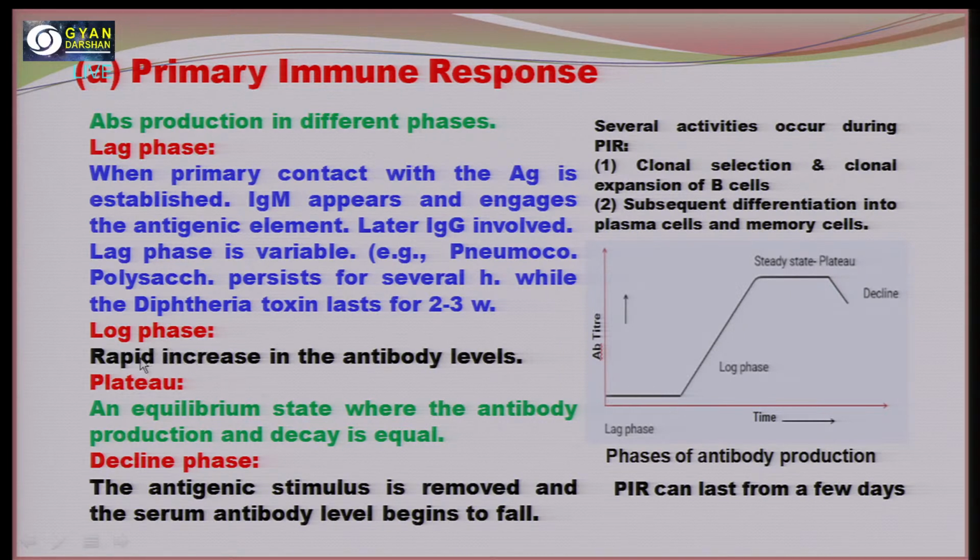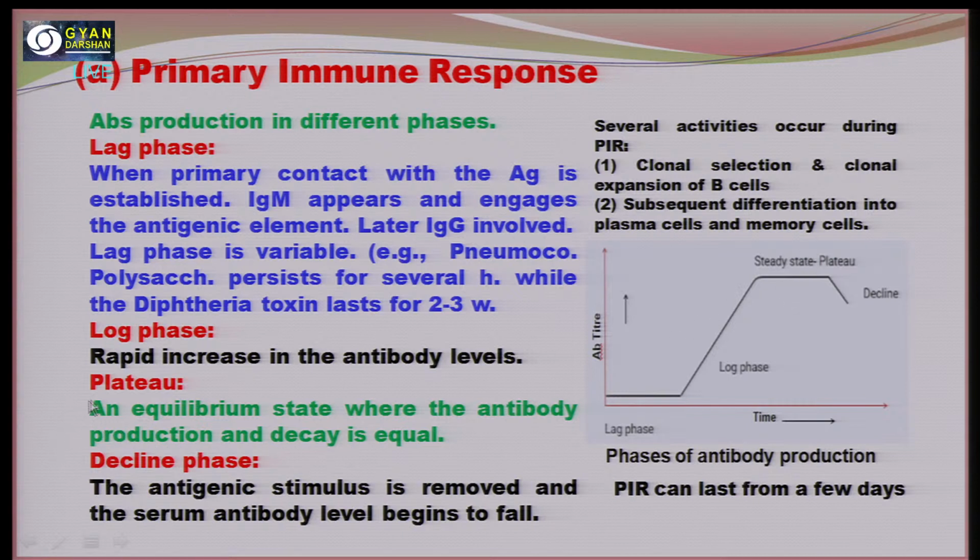After the lag phase comes the log phase, a rapid increase of antibody. You can see a rapid increase of the antibody titer as time increases. Then the plateau is an equilibrium state where antibody production and decay are equal.